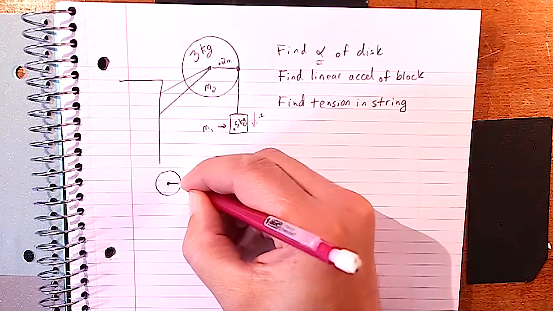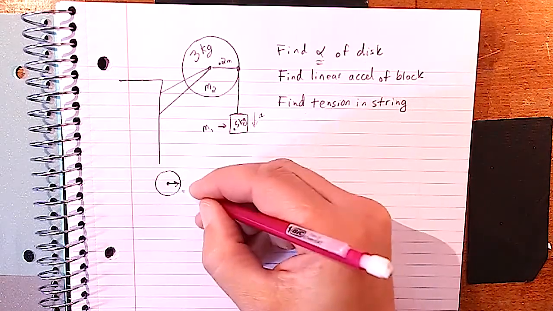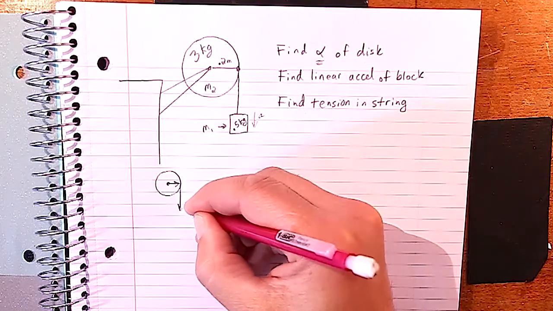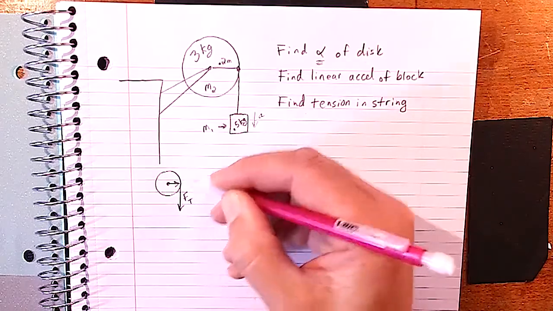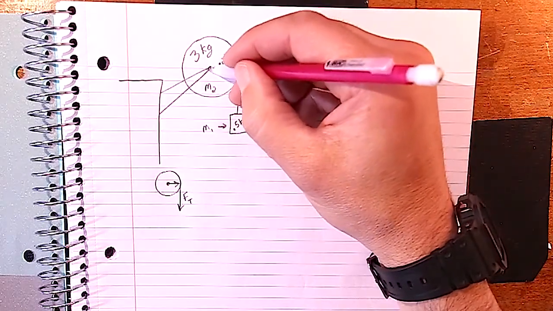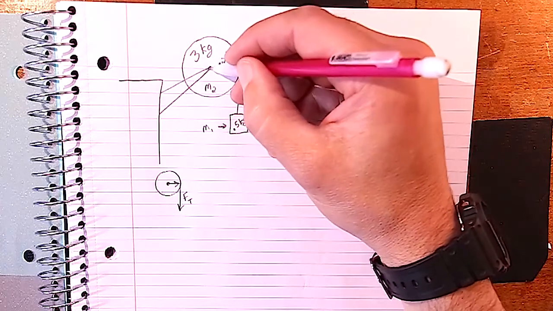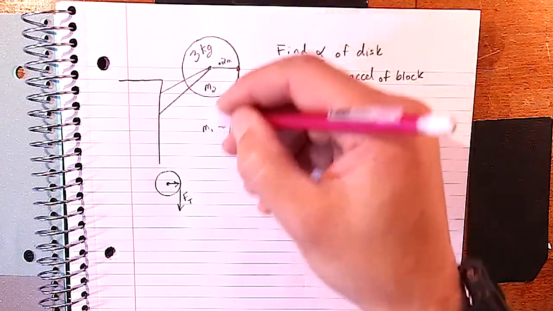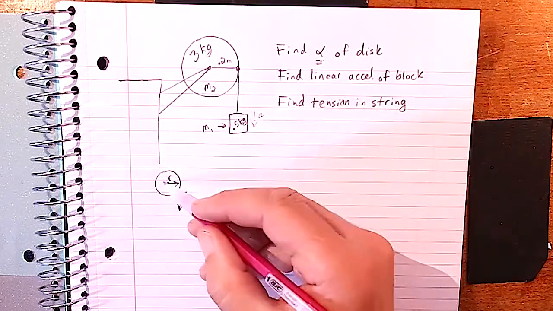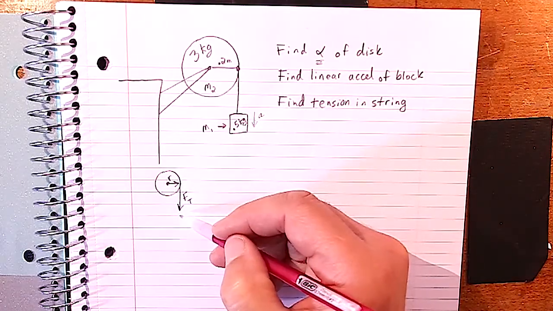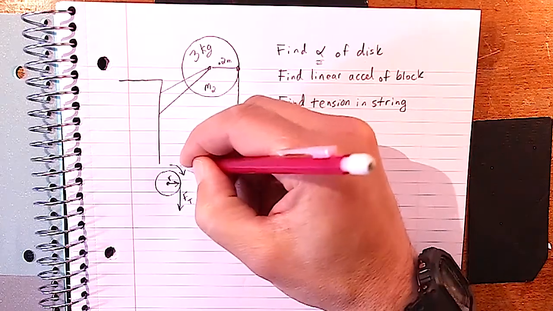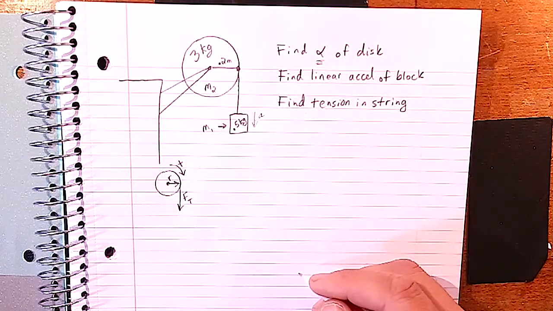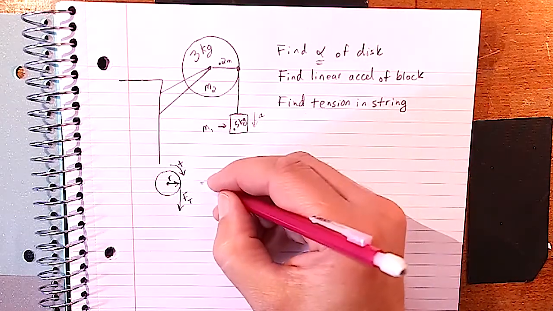So the first thing that we have is we have a radius r, and then we have this force of tension 1. Now there is the force of the hinge itself, but if this is our origin, that's not producing any torque, so we can ignore it. So we just have r at F_T, and we'll call this direction positive. So what else is happening here?